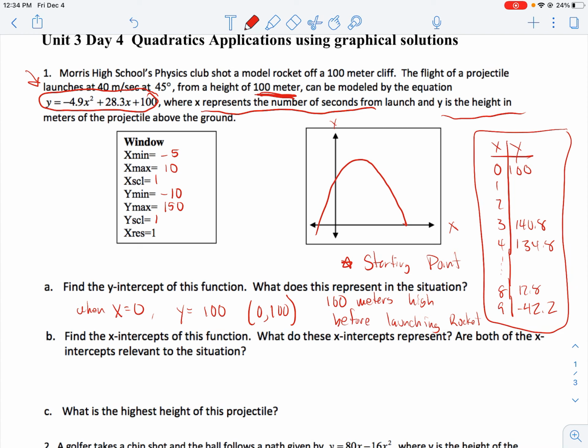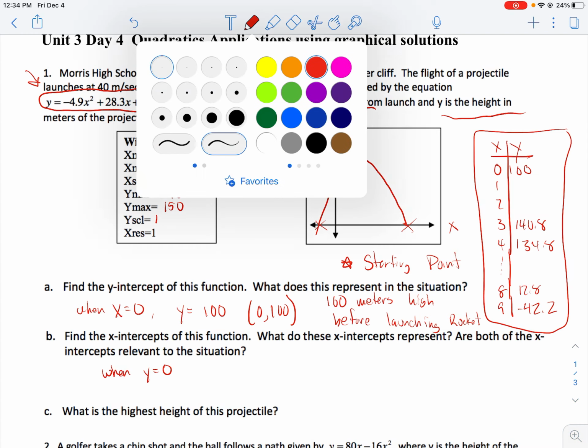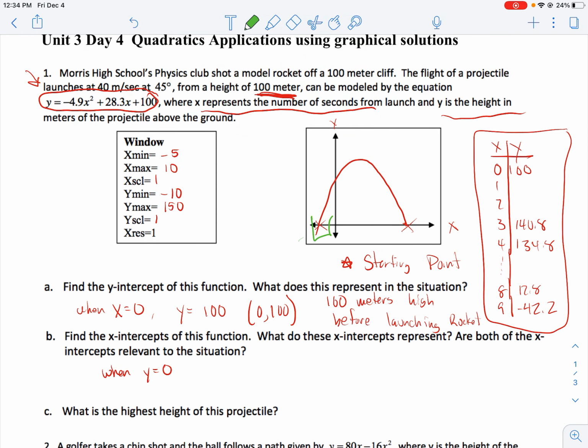So the next part, find the x-intercepts of this function. More importantly, we're looking for when y is equal to 0, when we're crossing this line. Now, because it's a quadratic, it looks like there's going to be 2 intersections. Nothing wrong with that. But one of them isn't going to necessarily make sense to our problem, and it's going to be the one that's negative, because again, we're not talking about negative time.